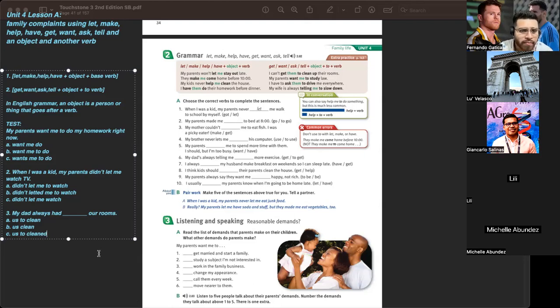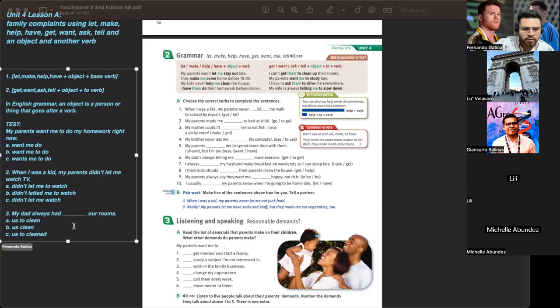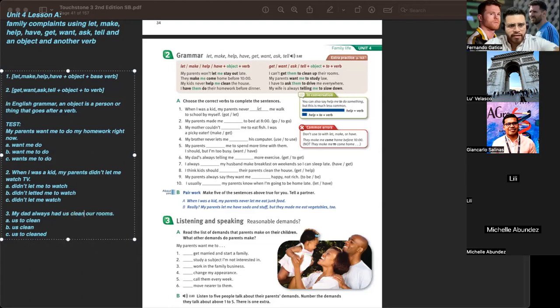Class, what is correct here? My dad always had us to clean, had us to cleaned our rooms. A, B, or C? Letter B. Good job. Had us clean our rooms. My dad always had us clean our rooms.